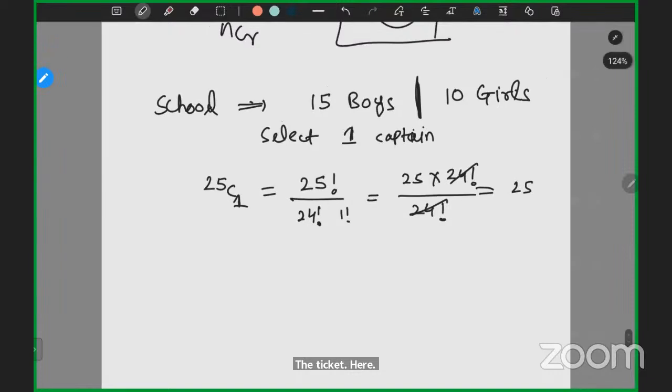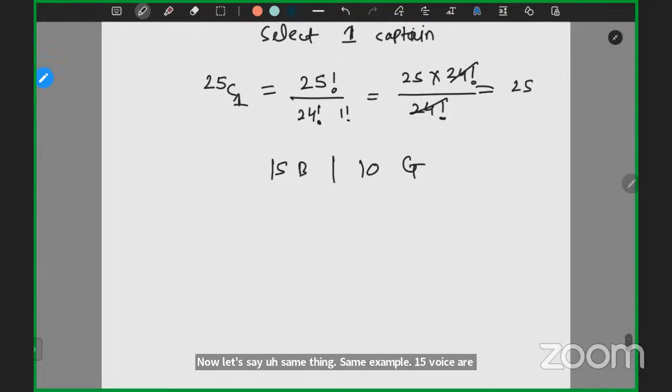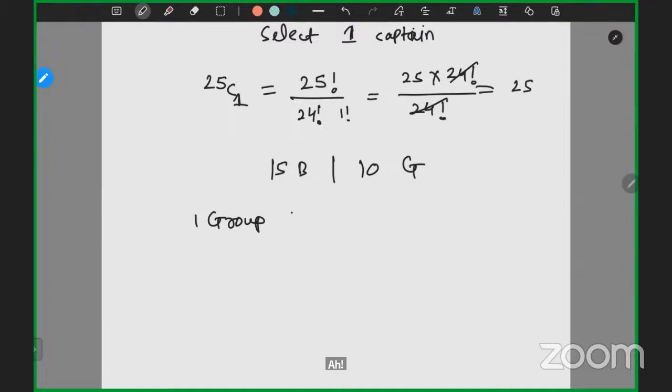Now let's say the same example: 15 boys are there and 10 girls. There is a group I want to form out of this, going to maybe a science fair.